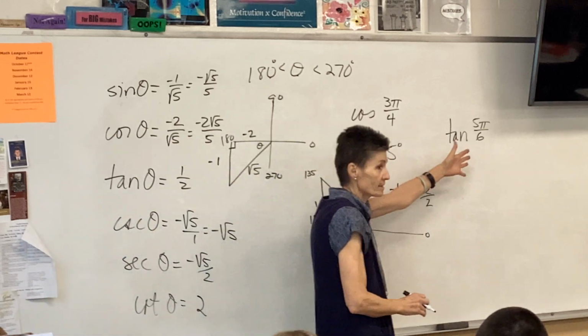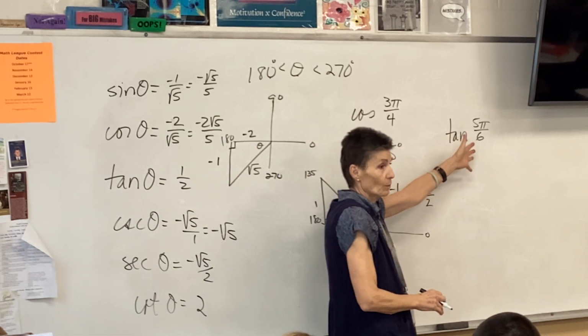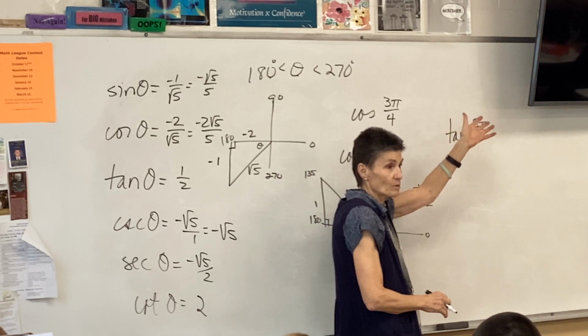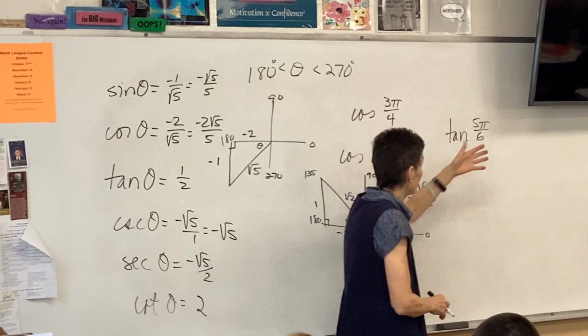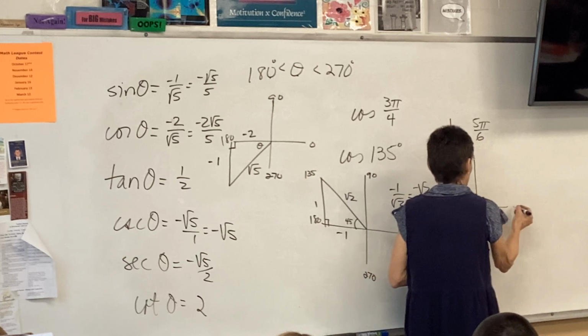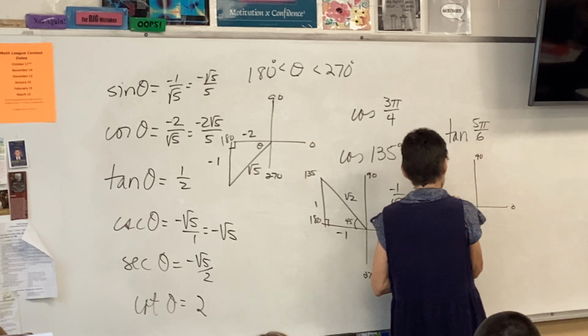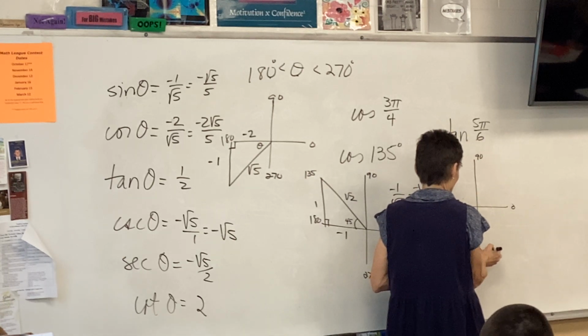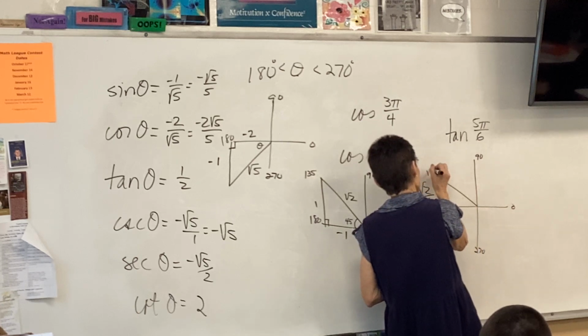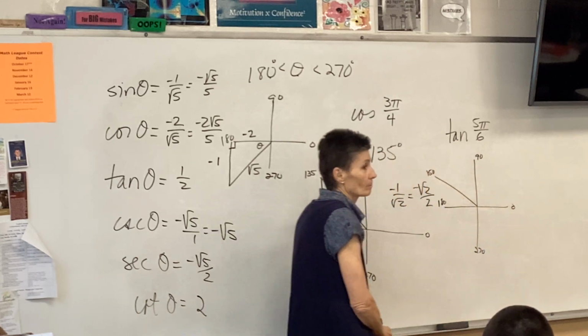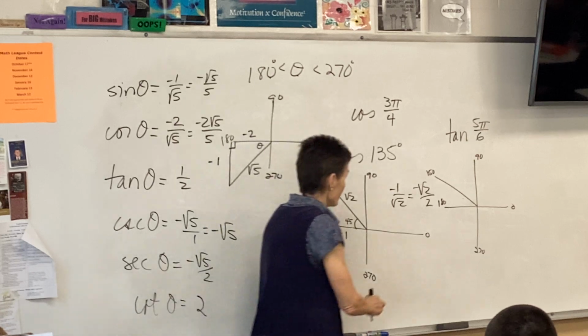This is exactly the same thing. So we're going to start by figuring out how many degrees we're talking about. What angle are we talking about? What is 5 pi over 6? 150. So that one's over here also. So I'll make my triangle.